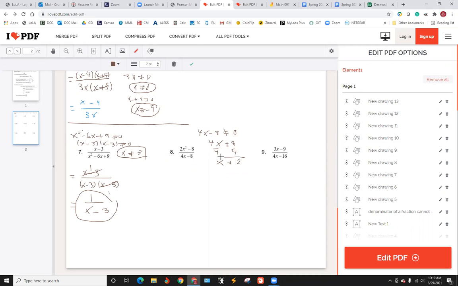So that's the first part that makes it undefined. So now go ahead and factor it and see what you come up with. Factor it and simplify. Take out your common factors.